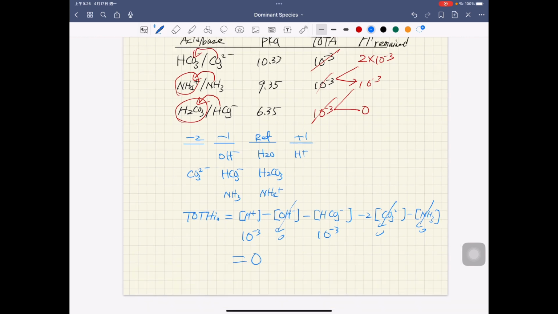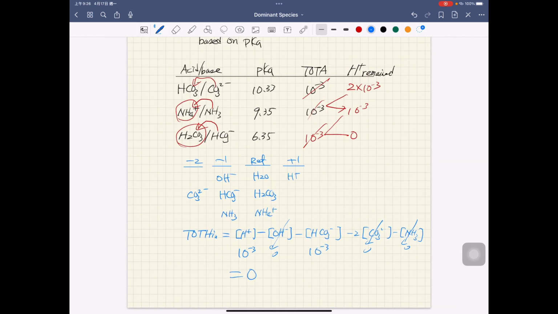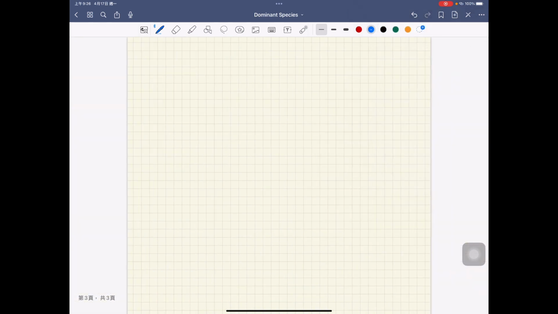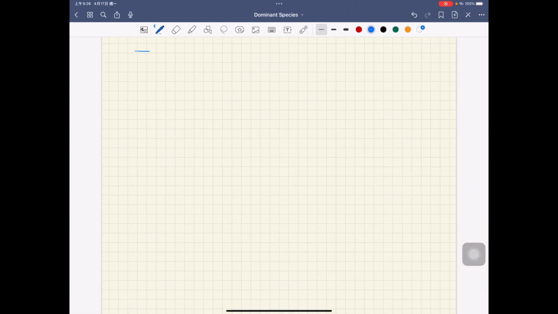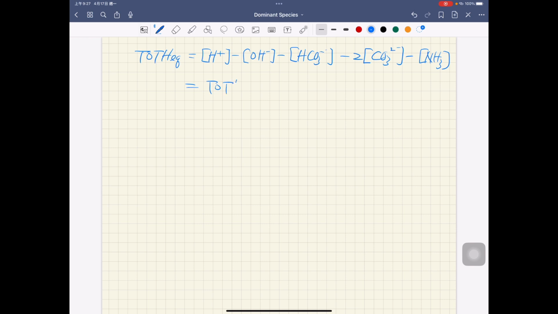So when it reaches equilibrium, H plus minus OH minus minus bicarbonate minus 2 times carbonate minus ammonia has to be equal to total H in, right? And equal to 0 because we calculated it equal to 0. So in your equation, you just solve for this one.